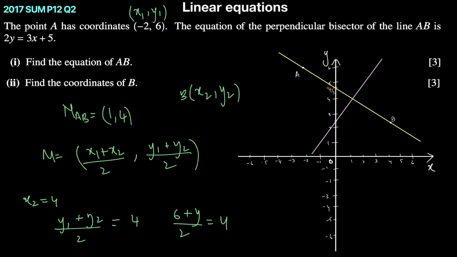So that implies that 6 + y2 is equal to 8, and therefore y2 is equal to 2. So the coordinates of B are (4, 2), and that's our answer.